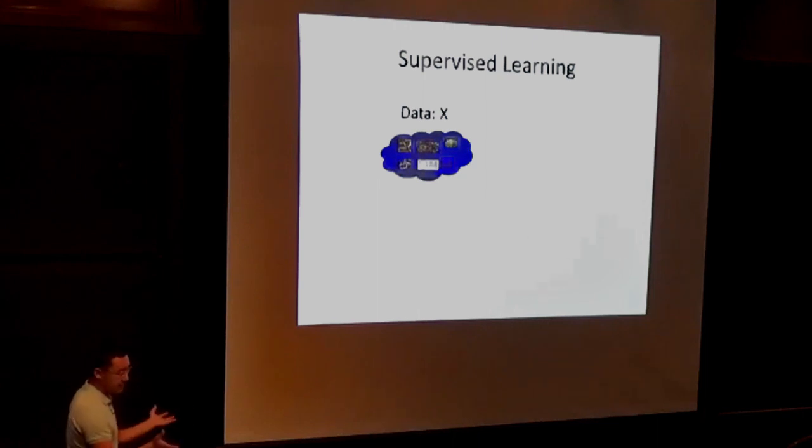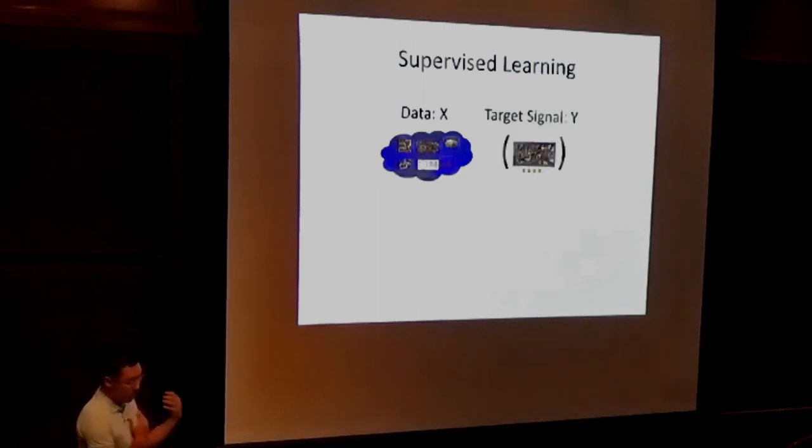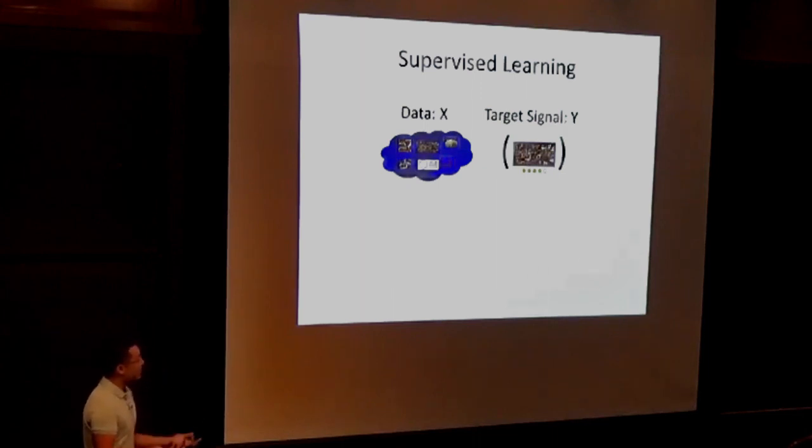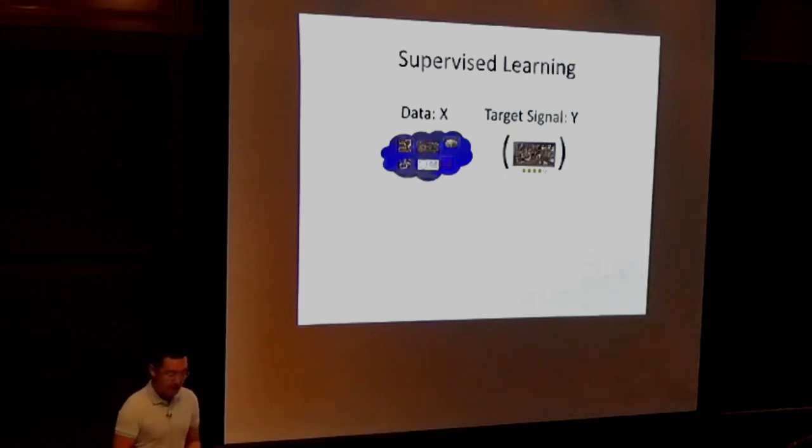And so you get this data set, X, the raw data, if you will. You have some target signal Y that you have access to. In this case, let's say the X is movies on Amazon, and the Y is the average rating of these movies on Amazon. And so now, given some attributes of a movie, we want to be able to predict the average rating.